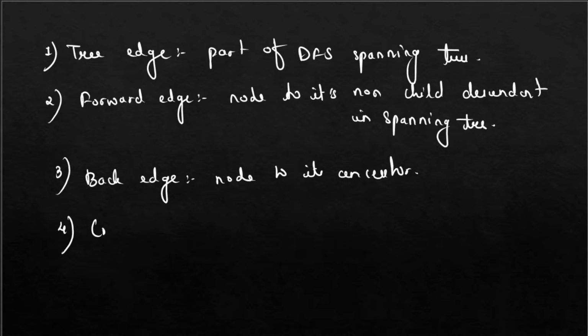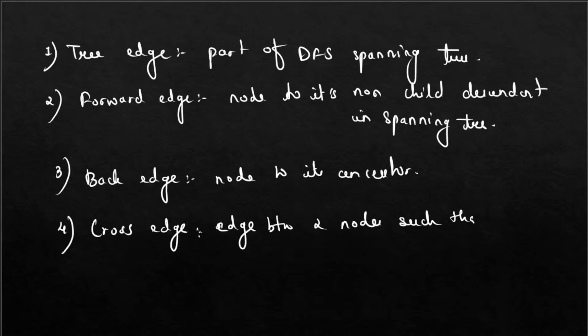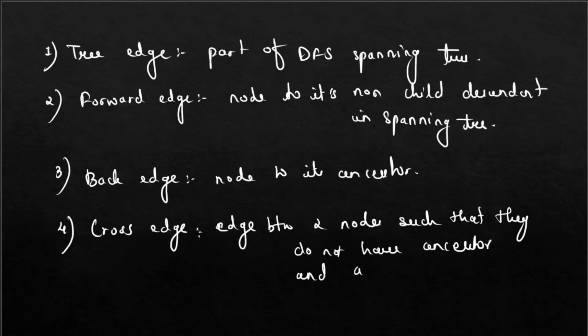Fourth is cross edge. So an edge between two nodes such that they do not have an ancestor and descendant relationship.